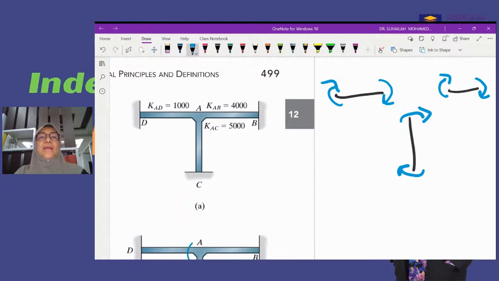We will label the member end moments for this frame as M. So label the joints first.